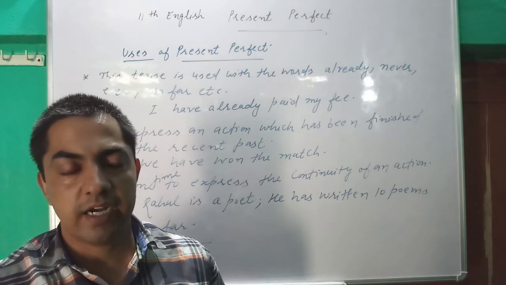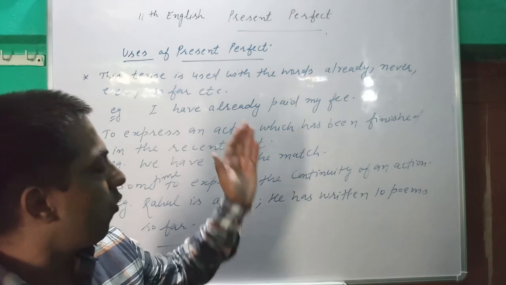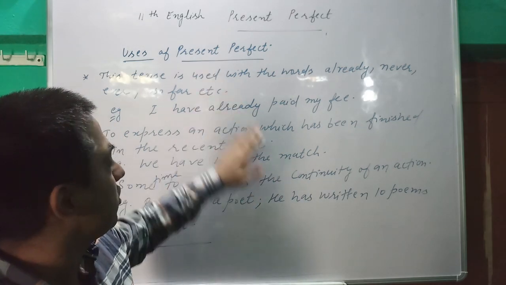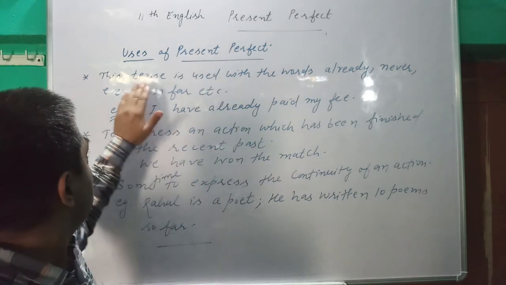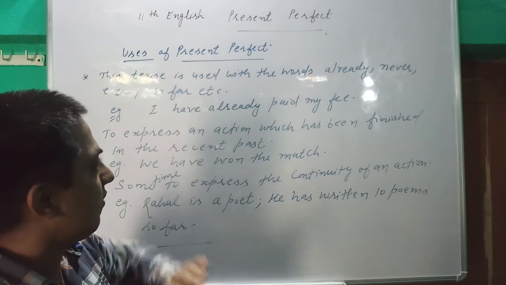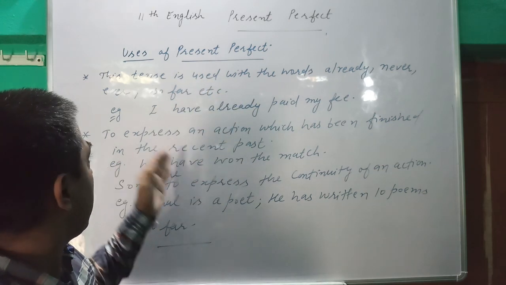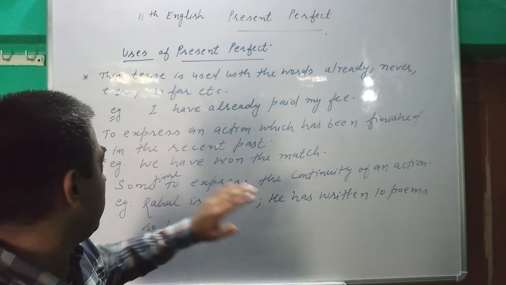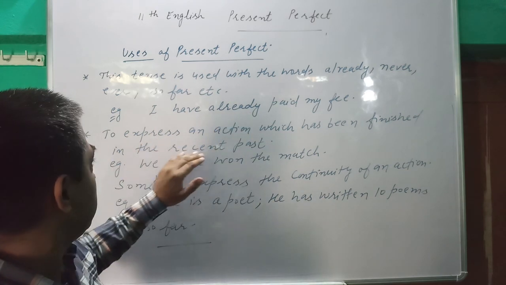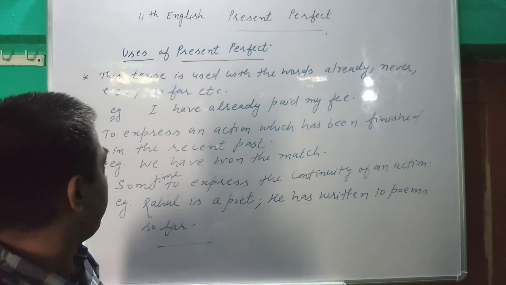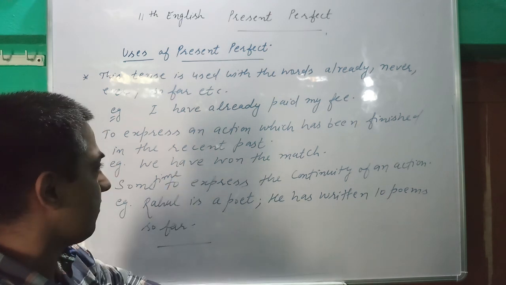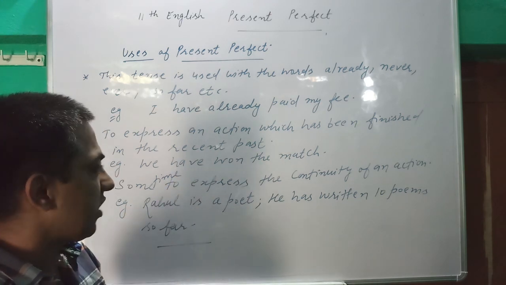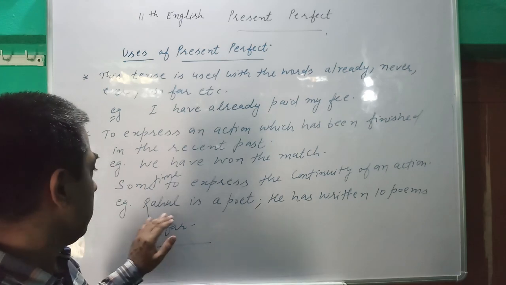Okay. After that, we have discussed usage of present perfect. This tense is used with the words already, never, ever, so far, etc. After that, there is an example. The second use is to express an action which has been finished in the recent past. This is the example. Sometimes to express the continuity of an action.